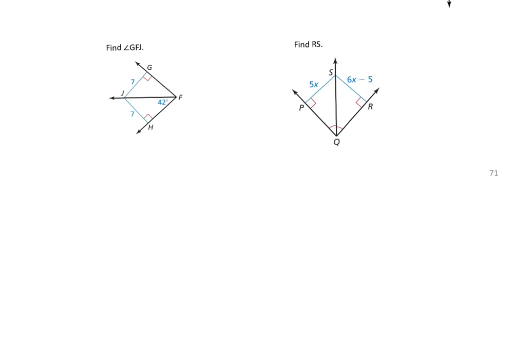So, looking at this one here, we know these two segments are both 7, so we know these two pieces are congruent. We know these two pieces are 90 degrees. Therefore, we know FJ, ray FJ, is the angle bisector of angle GFH.